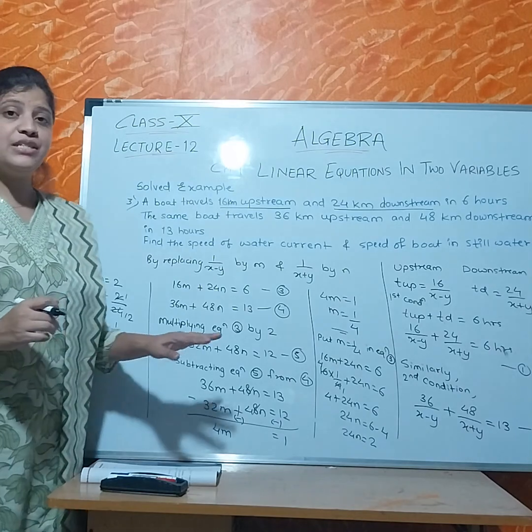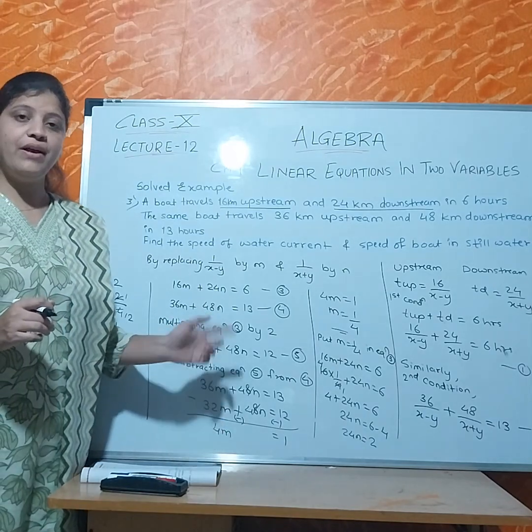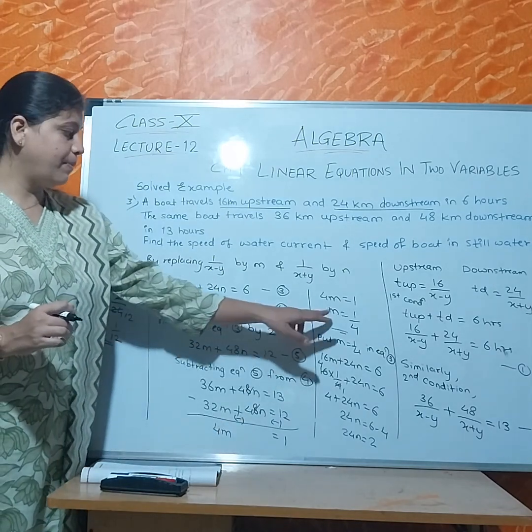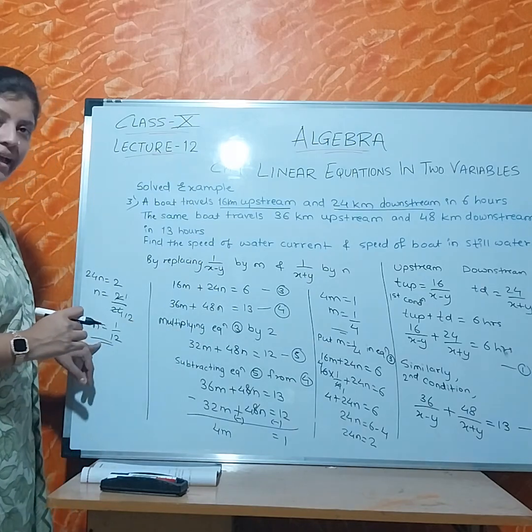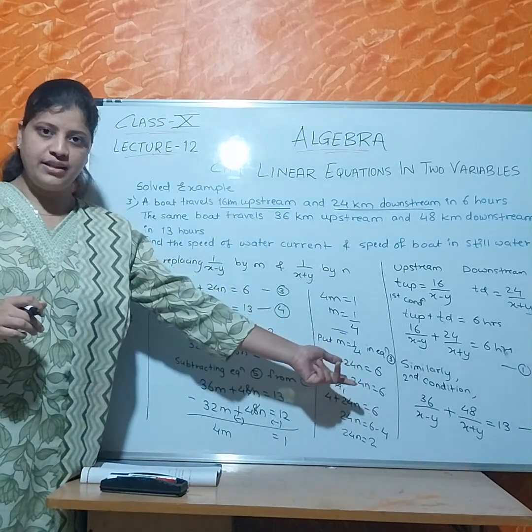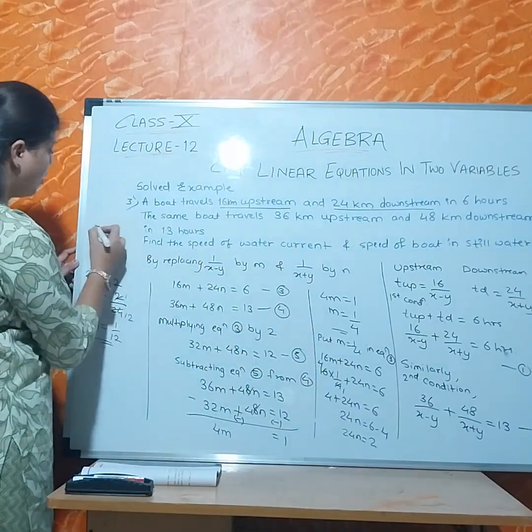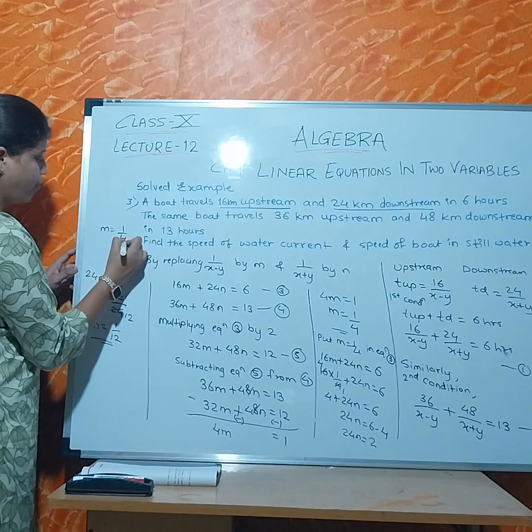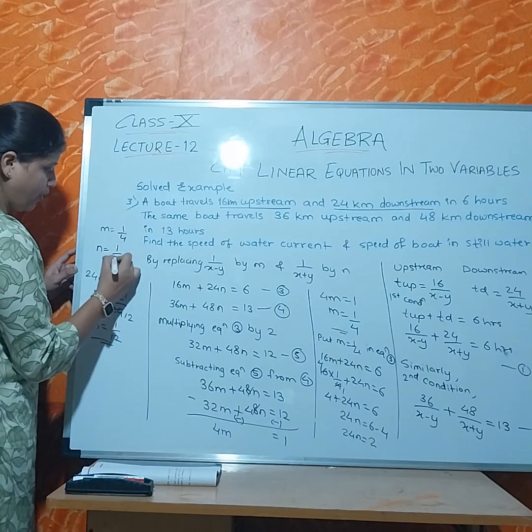Now, but this is not our answer. We want to find the values of x and y. So we will replace again the values of m and n in the original equations, right? We got m as 1 upon 4 and n as 1 upon 12.